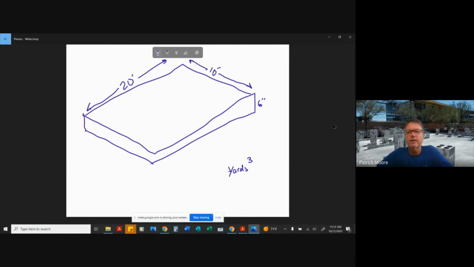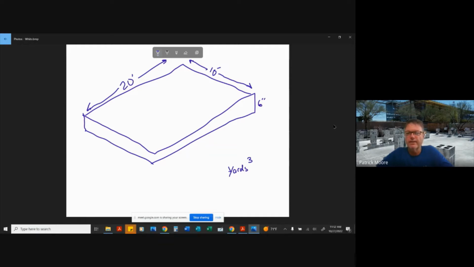And then when you get the cubic feet, you'd have to figure out how many cubic feet go into a cubic yard, and then you'd have to divide. Or the hardest way would be to convert everything into inches, find out how many cubic inches are in your slab, and then at the end, convert cubic inches to cubic yards.